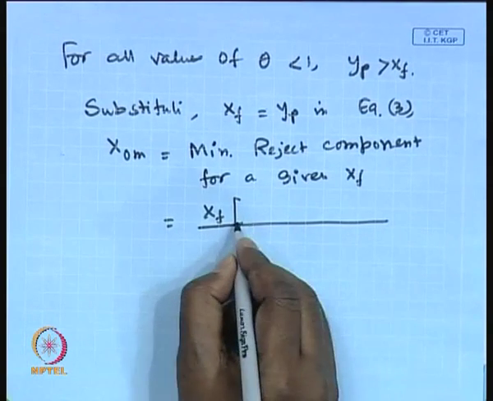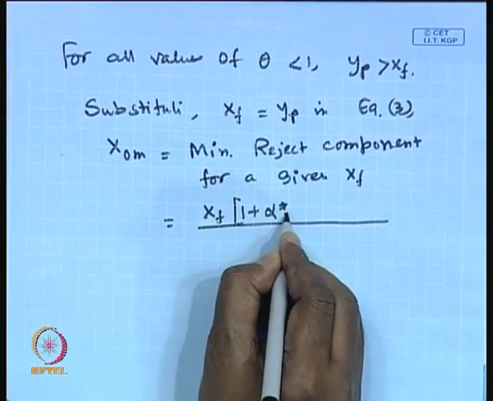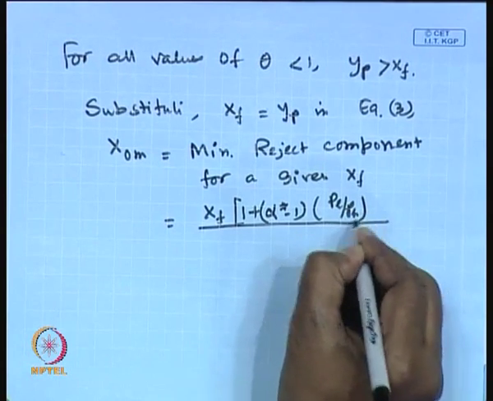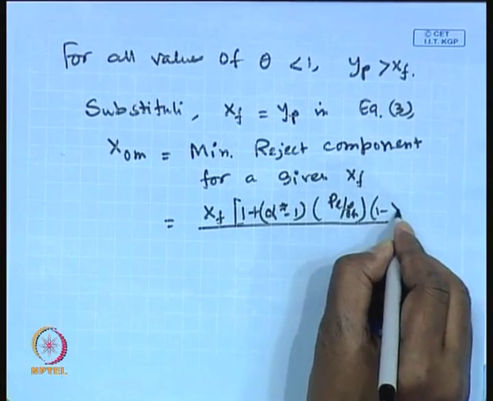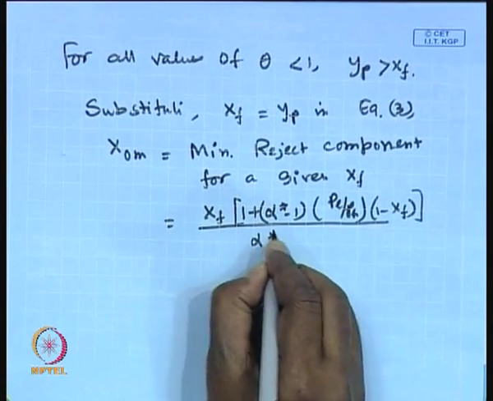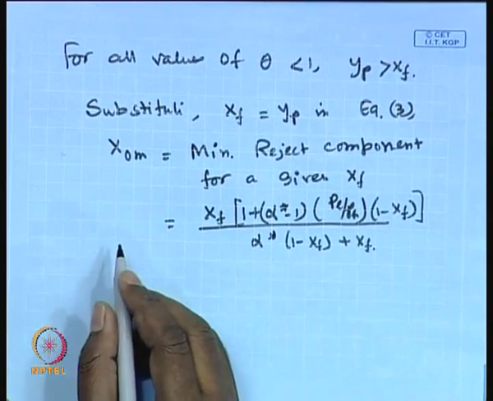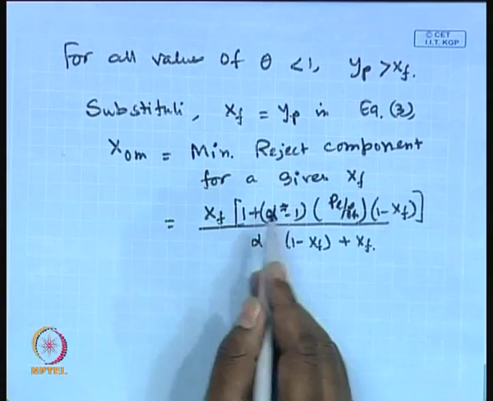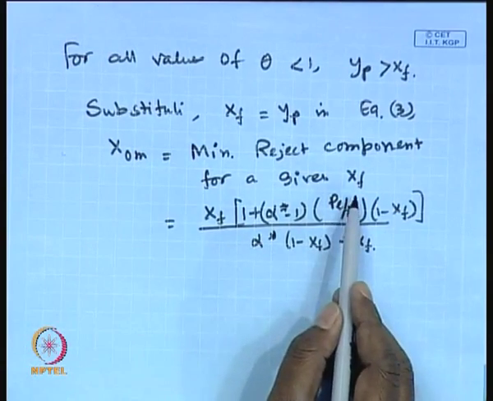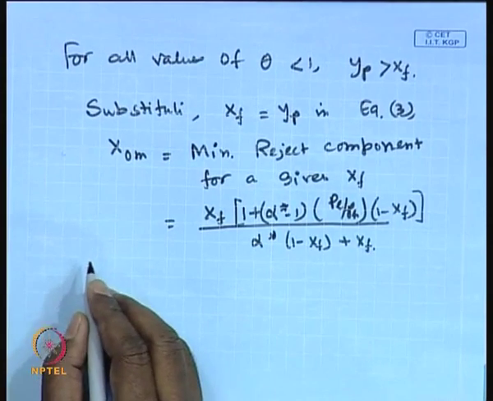If you substitute that value there, xf is equal to 1 plus alpha star minus 1, PL over PH, 1 minus xf, and this is alpha star, 1 minus xf plus xf. So, this is the value of minimum reject component for a given value of xf. One can plot XOM versus xf for different values of the feed composition.